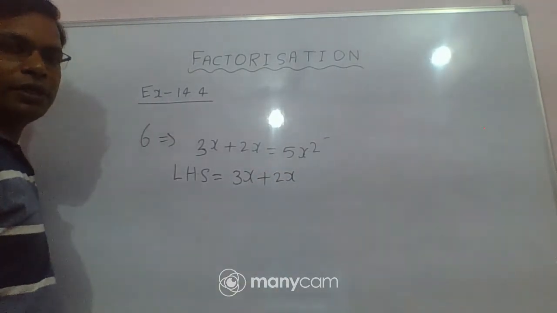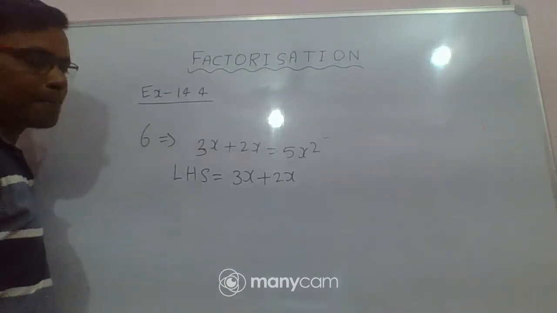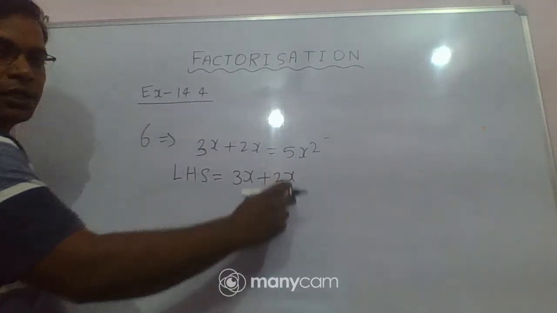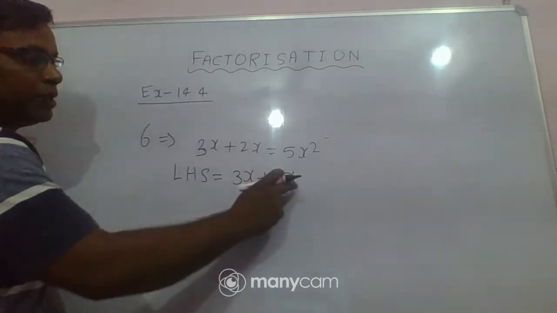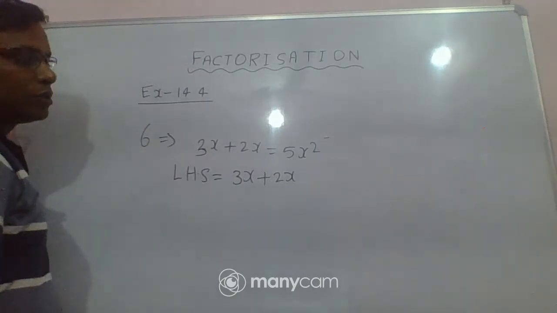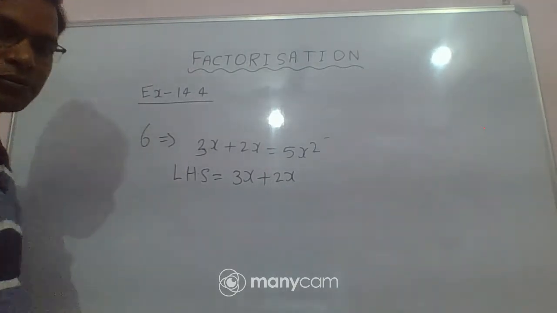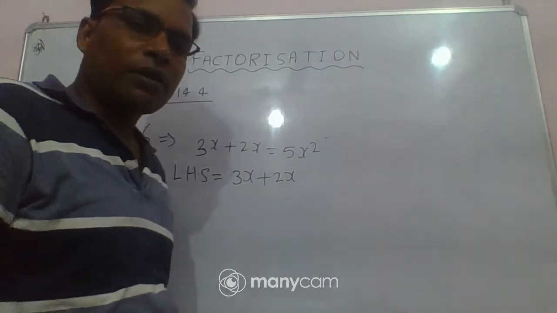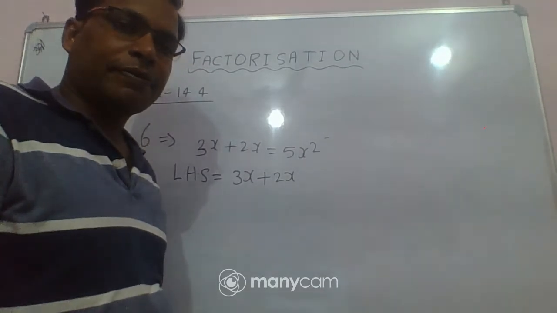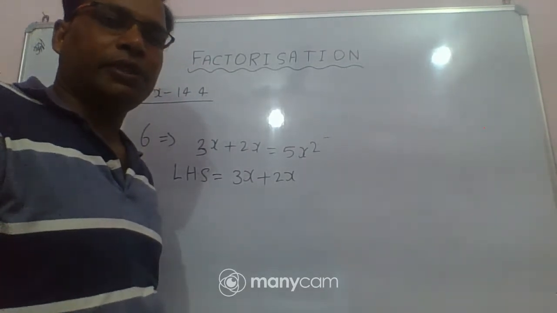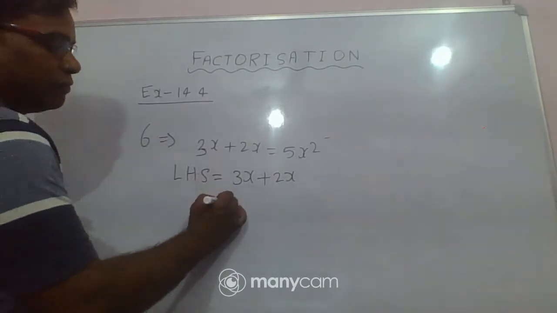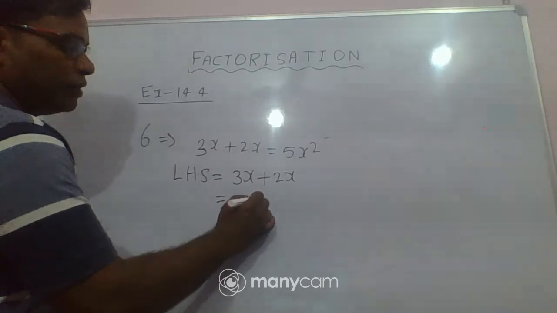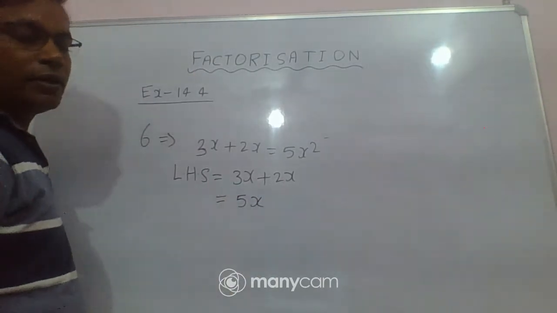Left hand side is equal to 3x plus 2x. 3x and 2x both are like terms. The x variables are the same, so both are like terms. In like terms, addition and subtraction is possible. Clear?